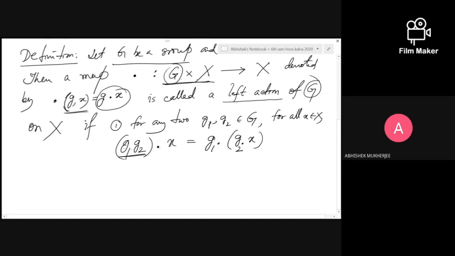So G1 G2 dot X will be G1 dot G2 dot X. Don't regard this as an associative property, because this is a set only. This is not associativity.